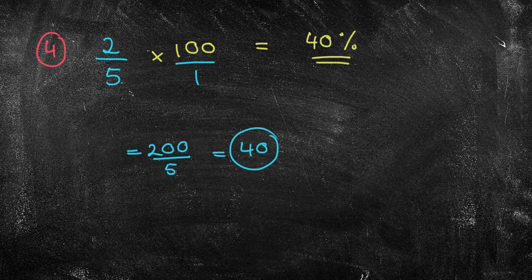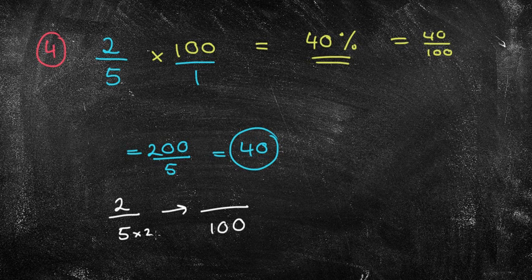Some people, however, recognize, and you might remember, any percentage as a fraction is over 100. So you might think, well, hold on, if I've got 2 over 5, can I change that by something to make it over 100? Well, 5 times 20 is 100, so 2 times 20 is 40, therefore making it 40%.